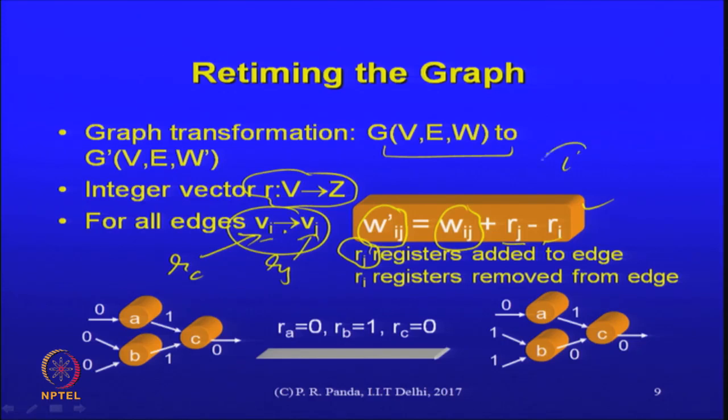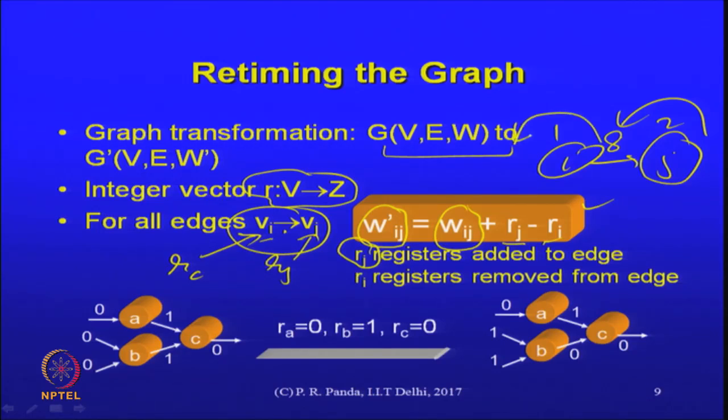I have I to j. This already had some number 8. So, when I do retiming, I associate a number 1 here and maybe a number 2 here. This 2 means 2 more registers are getting added there, we will call them registers. So, flip flops and registers are used interchangeably. One number here means one register got subtracted from that edge.